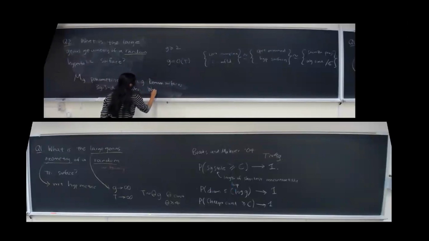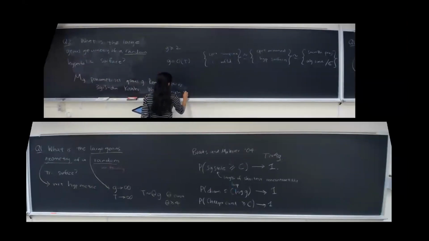It's called the Weil-Petersson volume form, which I'm not going to define because I don't need it for the rest of the talk. It's some geometrically natural volume form that you sample with respect to. So randomness is with respect to that, and then you ask the same question.